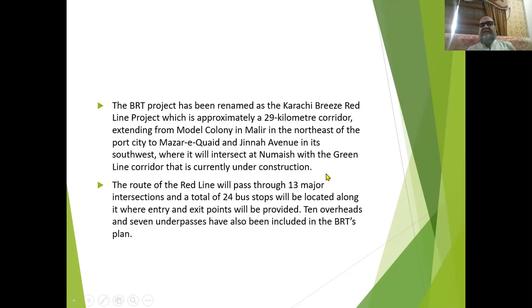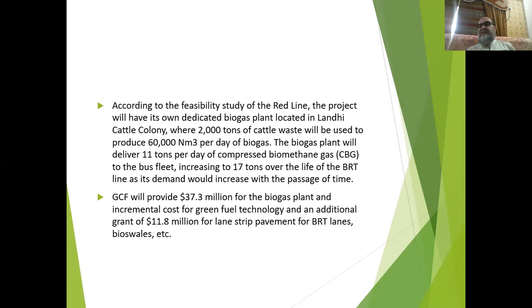We are waiting for the bus. The route of the Red Line will pass through 13 major intersections. A total of 24 bus stops will be located along it, where entry and exit points will be provided. 10 overheads and 7 underpasses have also been included in the BRT plan. The design has been finalized and vetted, and the funds are also approved. So it's a matter of time.